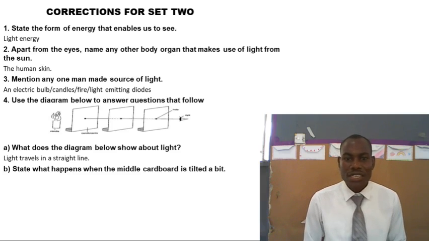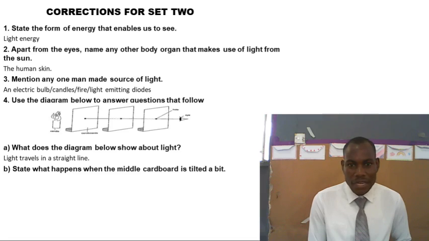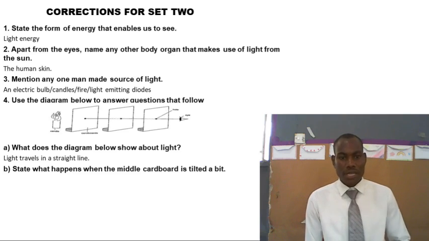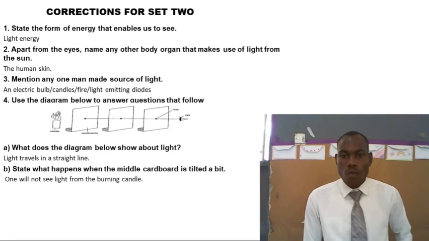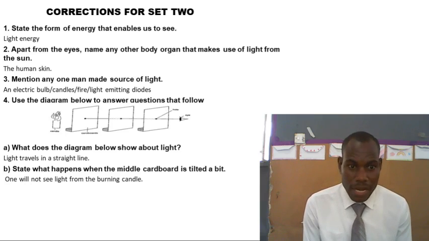By tilting the cardboard, you have removed the hole that was in a straight line, and now that cardboard will block the light from traveling in a straight line. Therefore, one will not be able to see the burning candle, or one will not see light from the burning candle.